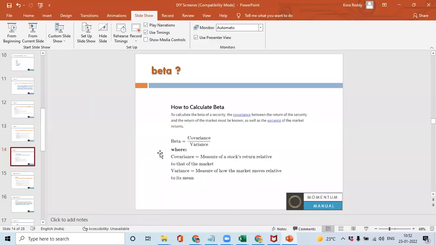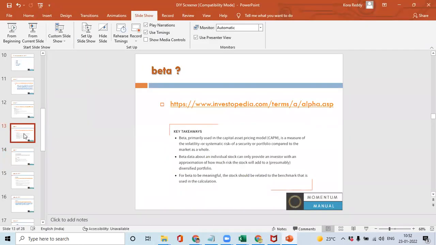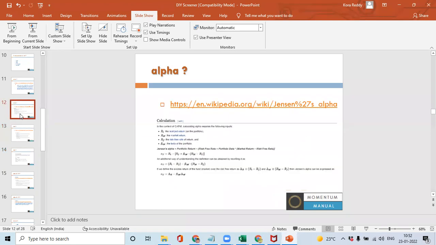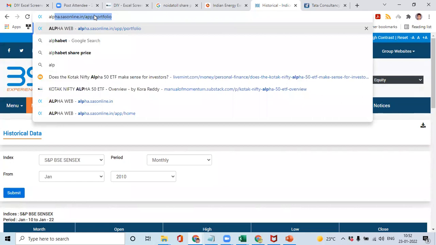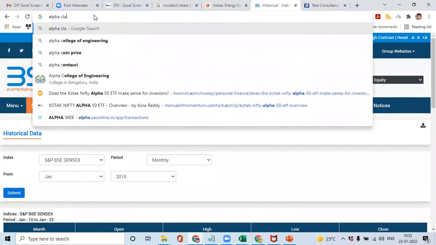Right, so we are done with beta. Then what is alpha? Alpha calculation.